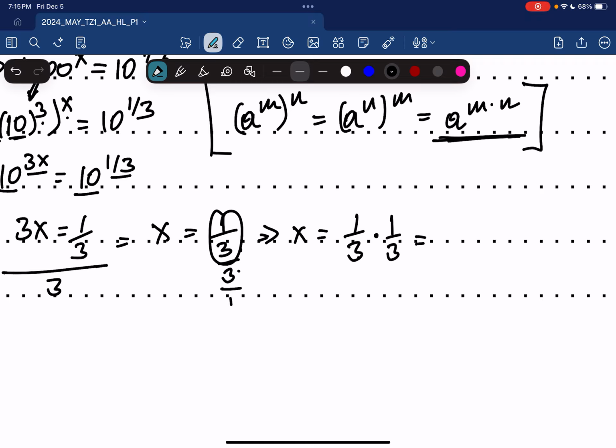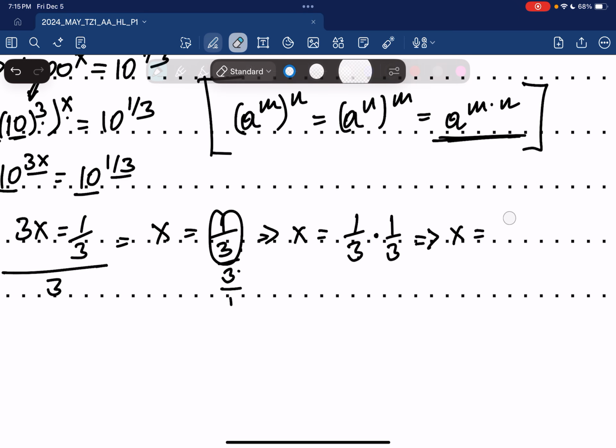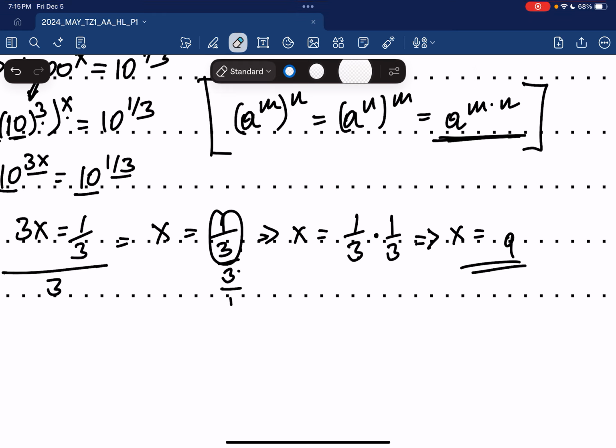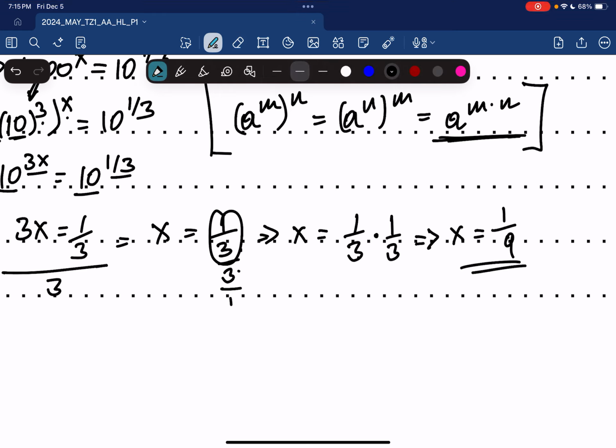So I end up with x is equal to 1/9. Perfect. And that is how you do it.